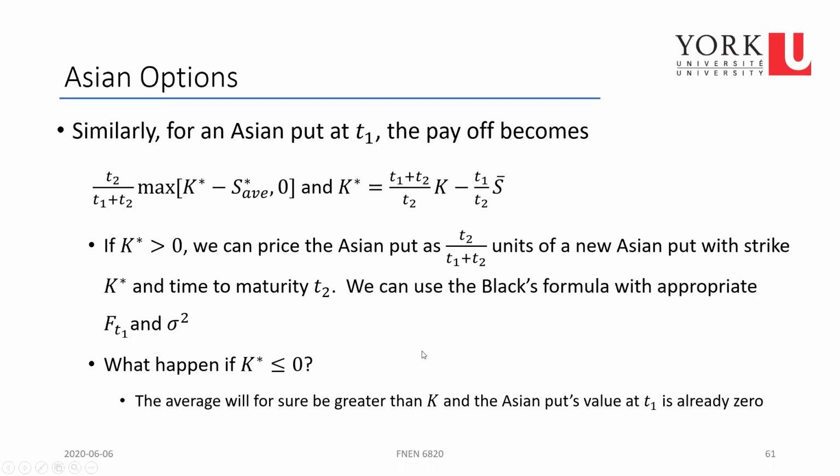Unlike in the Asian call situation where the option is for sure to be exercised, in this case the option would for sure not be exercised, because even if the prices go down to 0, your average will for sure be greater than the strike price. So at this point, if your K star is less than or equal to 0, the option price is already 0 for the Asian option.